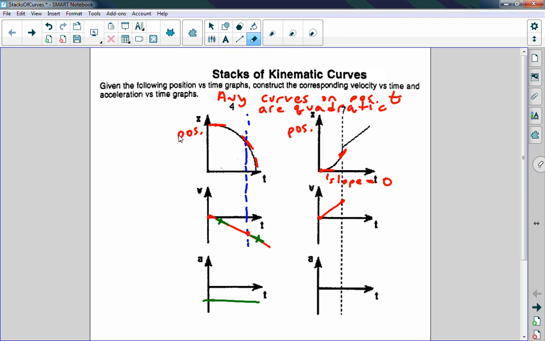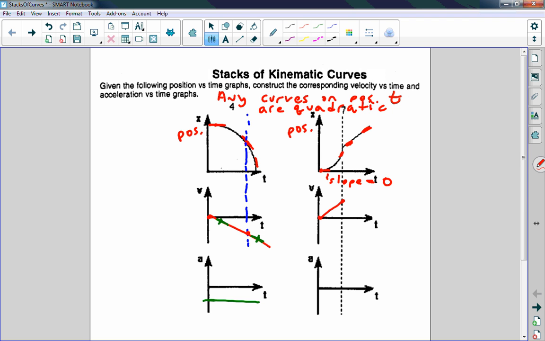I'm going to erase this to take the distraction out. Now notice though, when the dashed line comes, suddenly the slope becomes less. It was really steep at the end of that parabola, and then it drops off and becomes linear and constant. So the slope right here and the slope right there are the same, and they're less than it was right there.